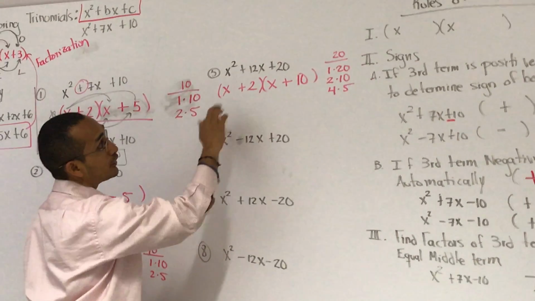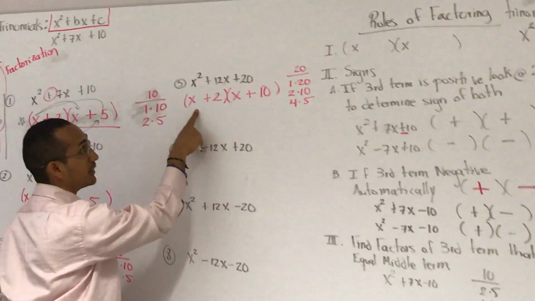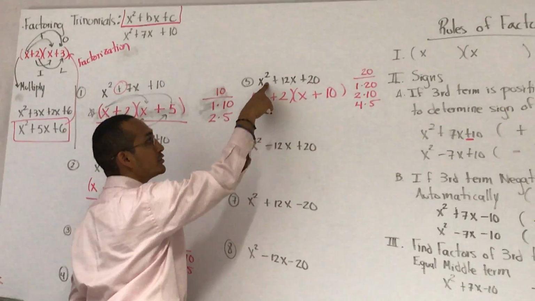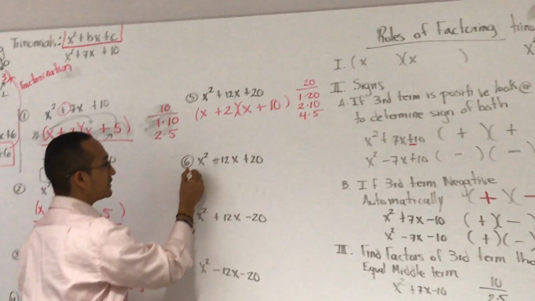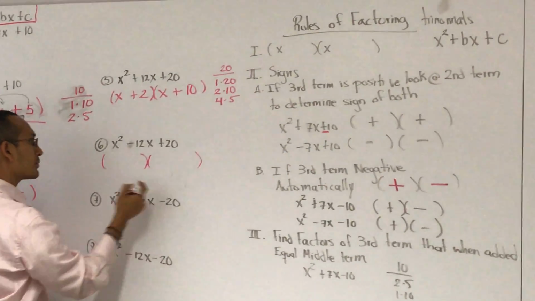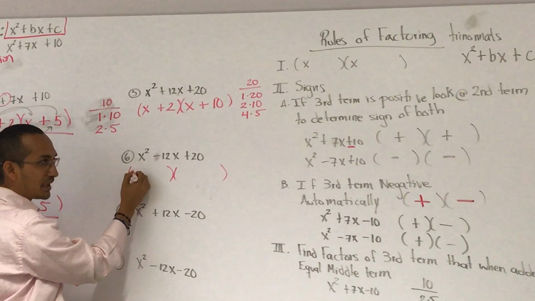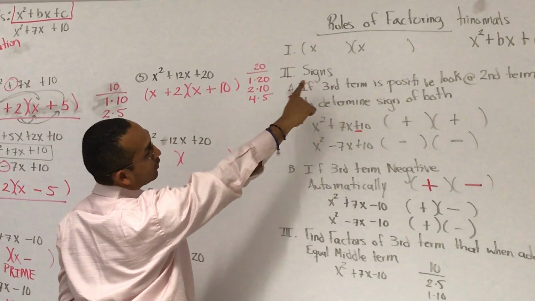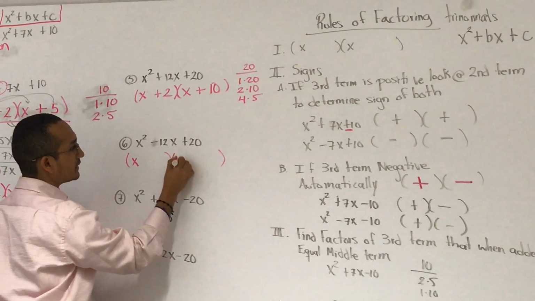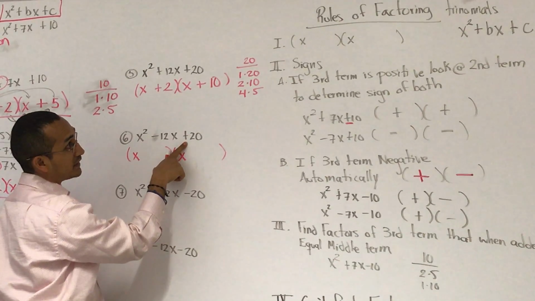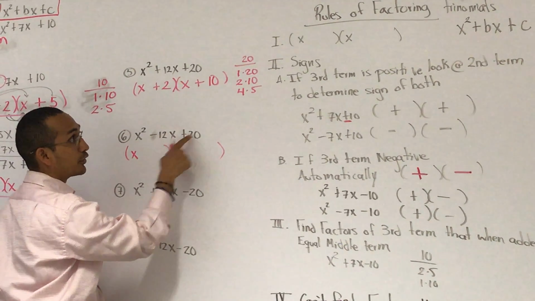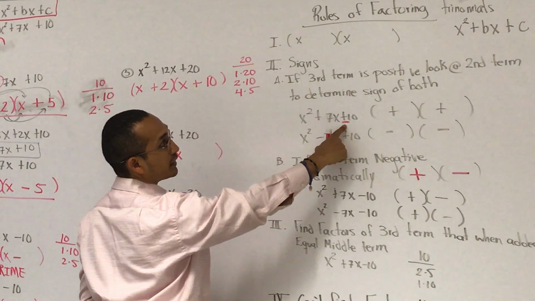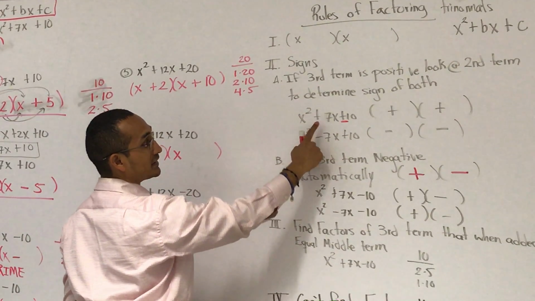All right, so again, how do you check this? You apply the FOIL method, right? And you will get the original one. Let's go back to number 6. This one. Step number 1, it says what? Parentheses, x and x. Second step, look at the signs. If the third term is positive, you look at the second term to determine the sign of both.